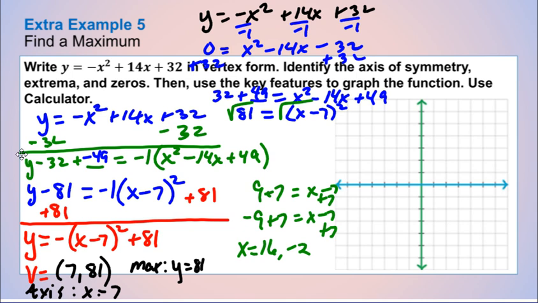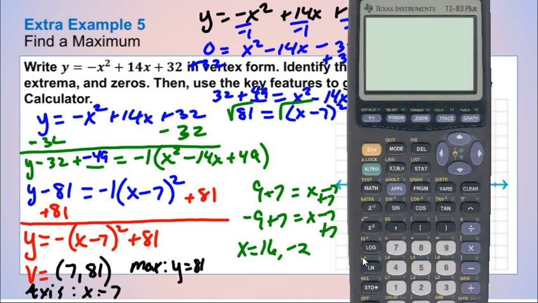So now I can take my calculator, I'm going to graph it on here to make it a little bit easier. So now I have my y equals, I'm going to plot my equation in there. So negative x squared plus 14x plus 32.